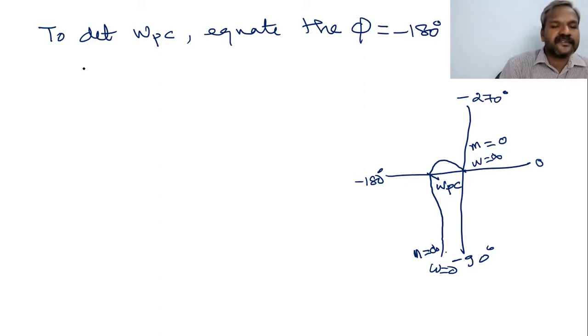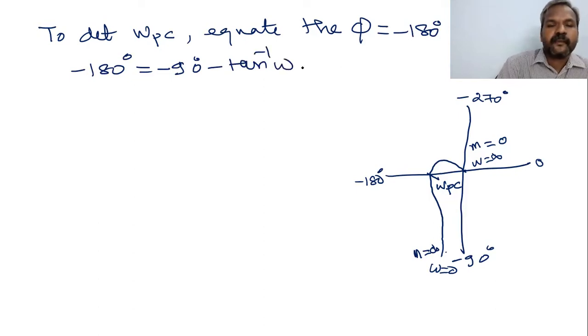The phase angle expression: minus 180 degrees equals minus 90 minus tan inverse of omega minus tan inverse of 0.2 omega.